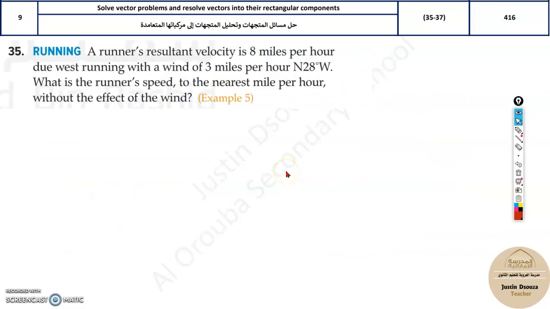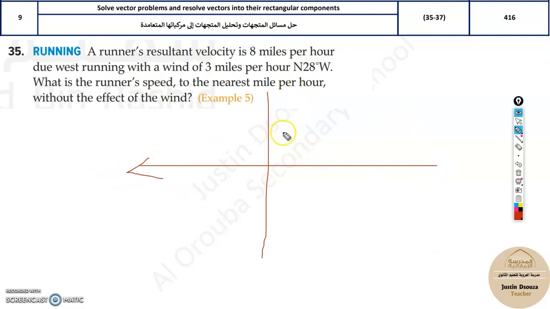Now let's solve some real world problems. A runner's resultant velocity is 8 miles per hour due west, running with the wind. So now let me just draw this. Up is north, down is south, right is east, and this is west.